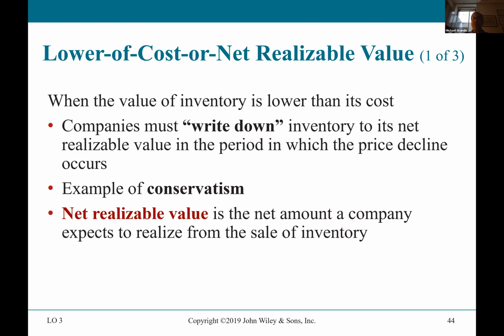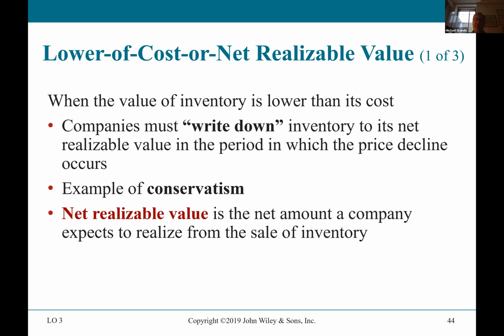Companies must write down inventory to its net realizable value in the period in which the price decline occurs. This is an example of conservatism. Net realizable value is the amount a company expects to realize from the sale of the inventory. Again, remember, we're going to state this inventory at the lower of cost or net realizable value.